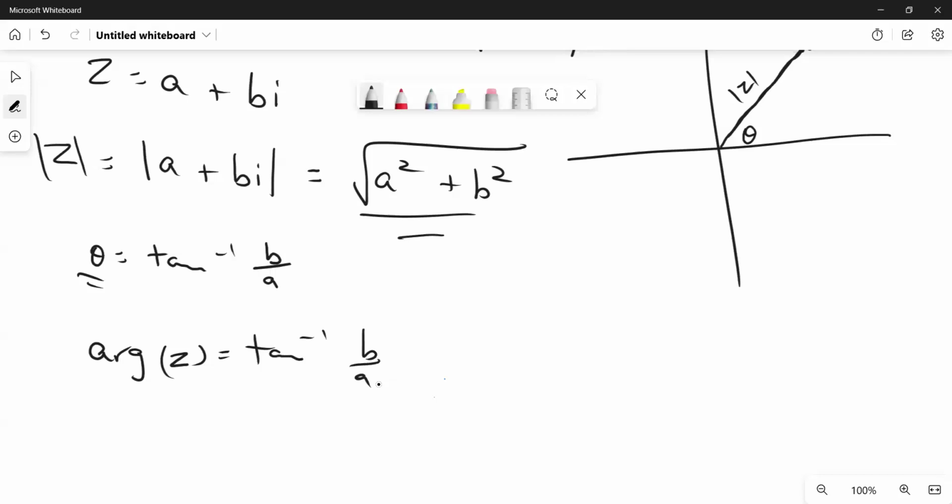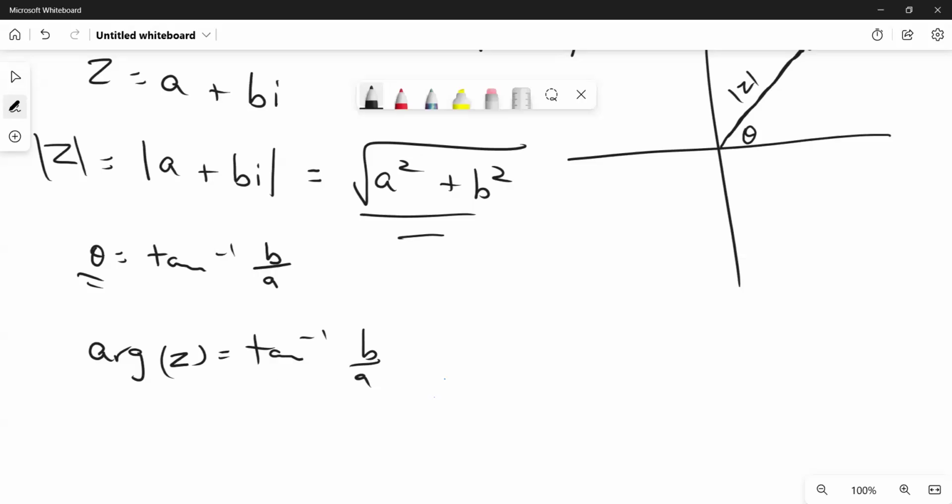So you can now say that the complex number has a modulus, and it has some sense of direction, because you can say what angle it makes with the real axis.